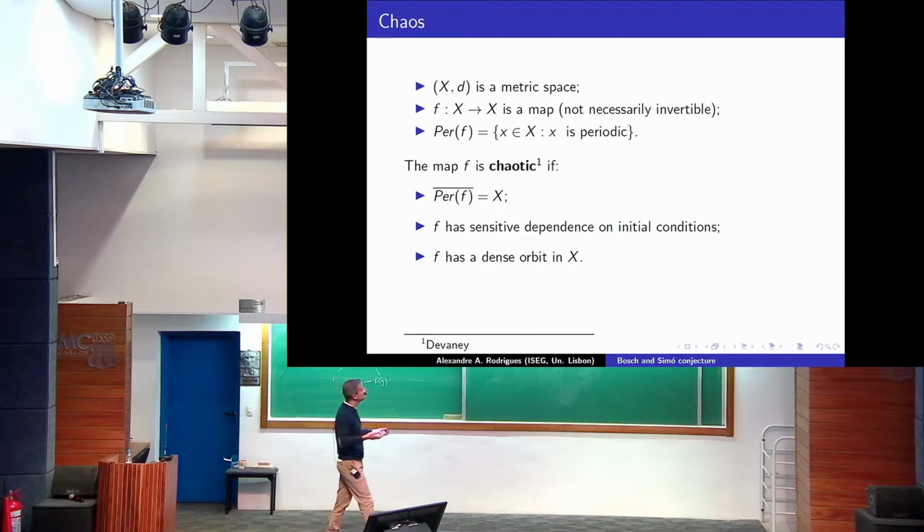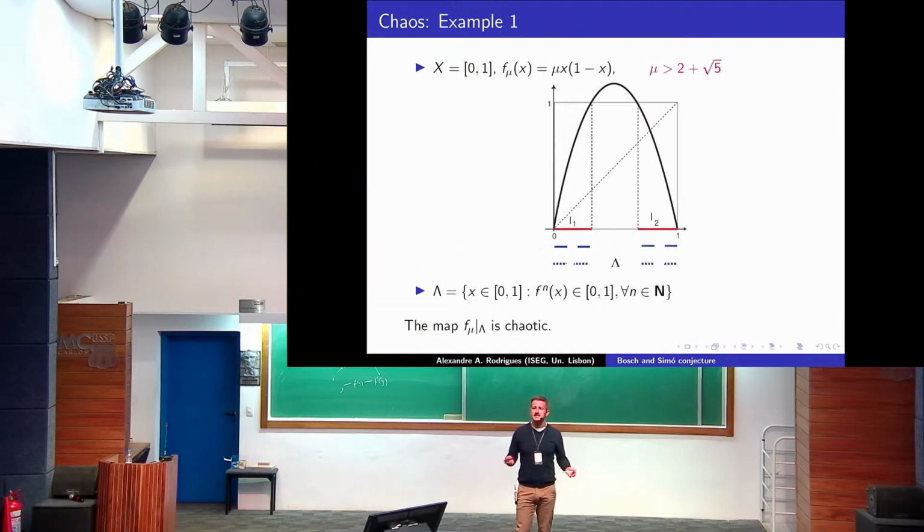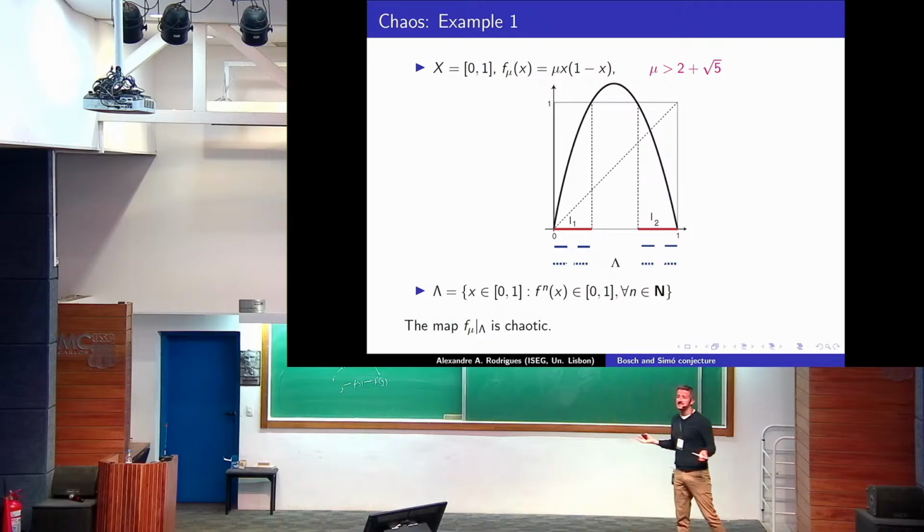This is the meaning of sensitive dependence on initial conditions. And F has a dense orbit. It means that there exists an orbit that visits all possible regions, all possible open sets. Okay, that is the definition of chaos. So we have definitions. Let's go to examples. What is the first example that we can teach in a course of dynamical systems? It is the quadratic family.